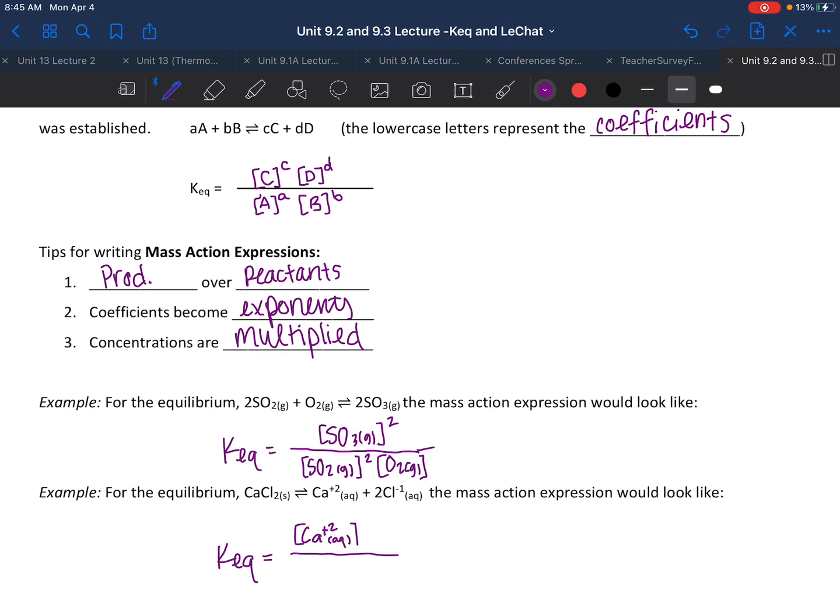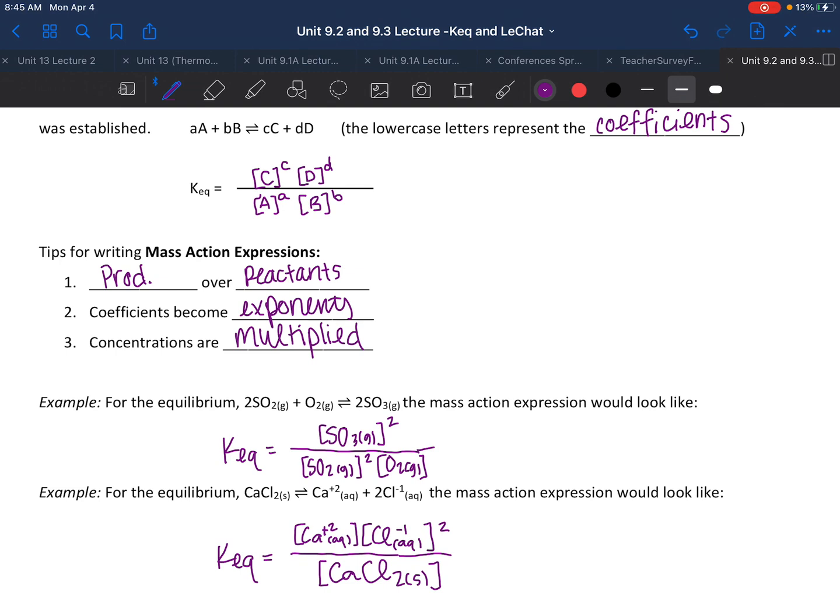So notice how I'm writing both the charge and its state of matter, times chlorine minus 1 aqueous to the second power, all over calcium chloride solid.